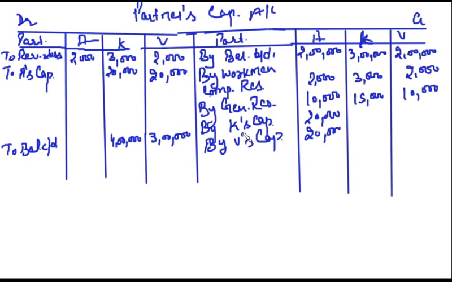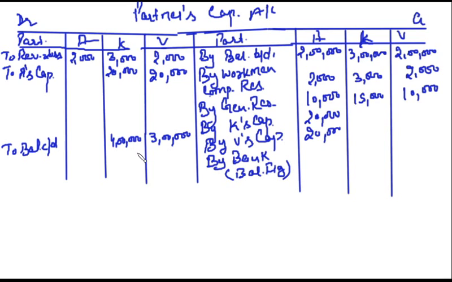Now you can find out the balancing figure. You see that this debit side is more than the credit side. So what will happen? They will have to bring in some cash. The balance will be by bank. This will be the balancing figure.